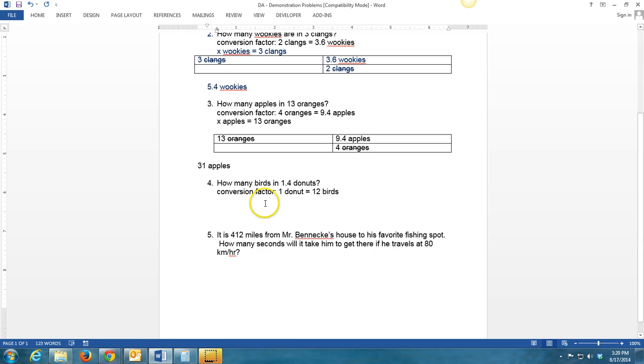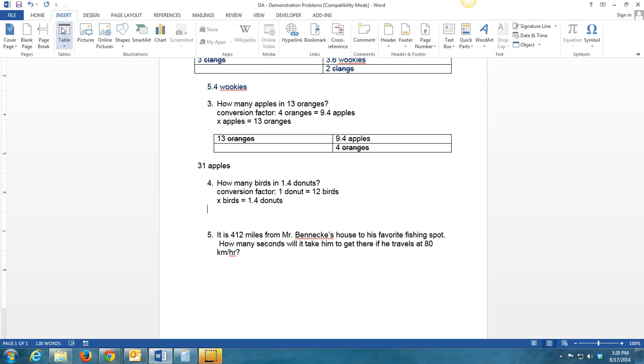All right, another one with nonsense units. How many birds in 1.4 donuts? So 1 donut is equal to 12 birds. So the question is, X birds are equal to 1.4 donuts. And I'll put in my table.